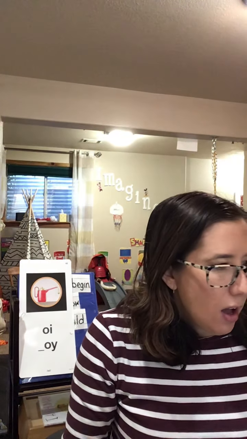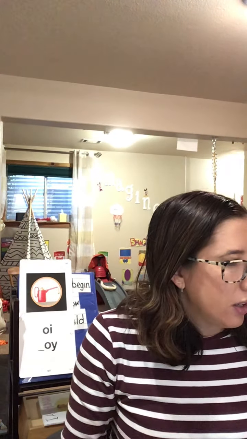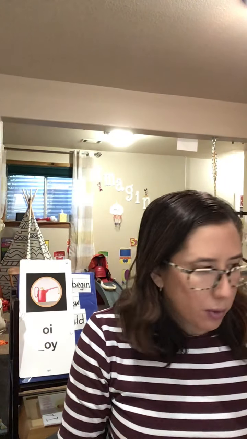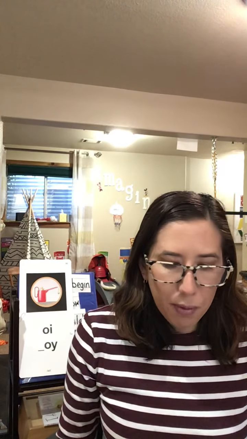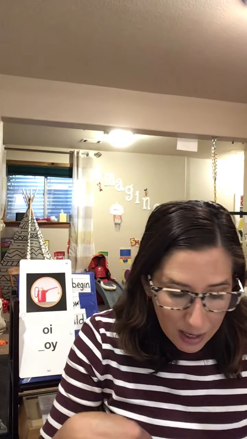Now, we are going to talk about a haiku, a type of poem. A haiku is a type of poem that only has three lines. And the first line has five syllables, and the second line has seven syllables, and our third line has five syllables again.